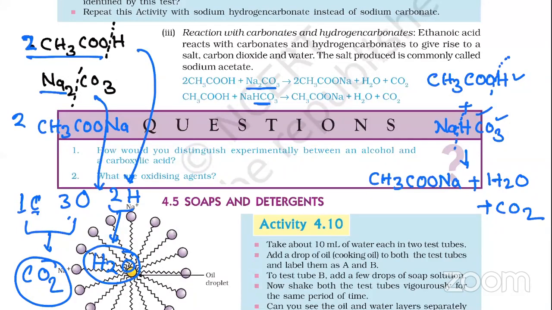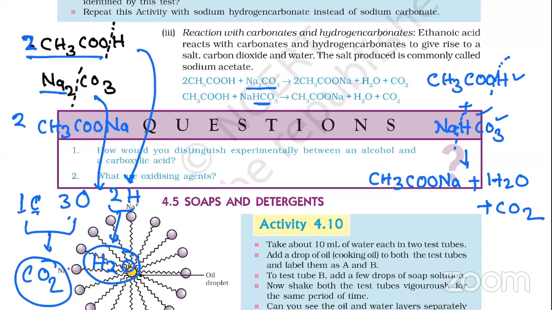It is CH3COONa plus H2O plus CO2. And the same reaction with alcohol, C2H5OH plus NaHCO3, there will be no reaction. Understood? So this is how we can distinguish the two.